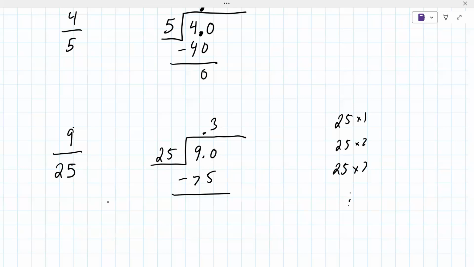Then you get 15. Okay, and you bring the zero down. So how many times does 25 go into 150? Six times. Very good.